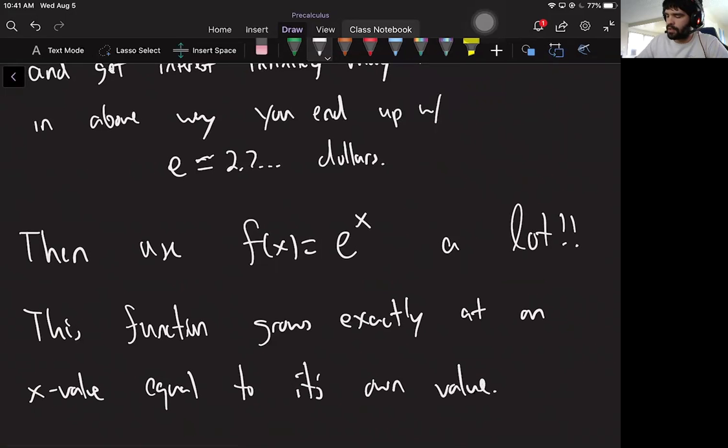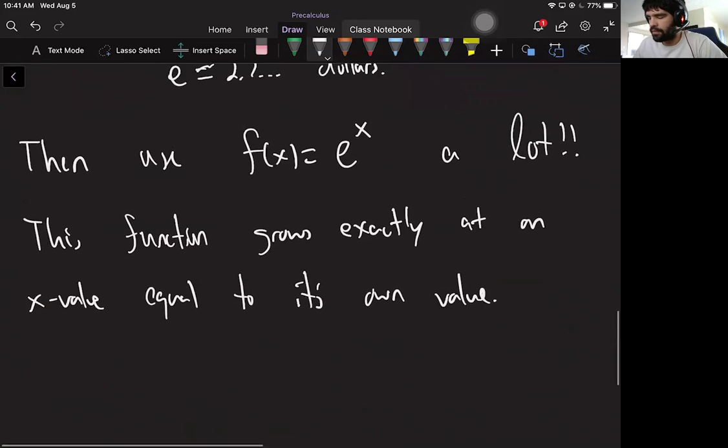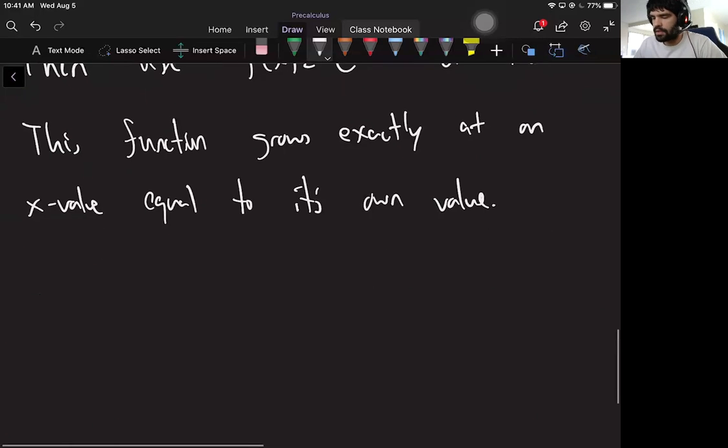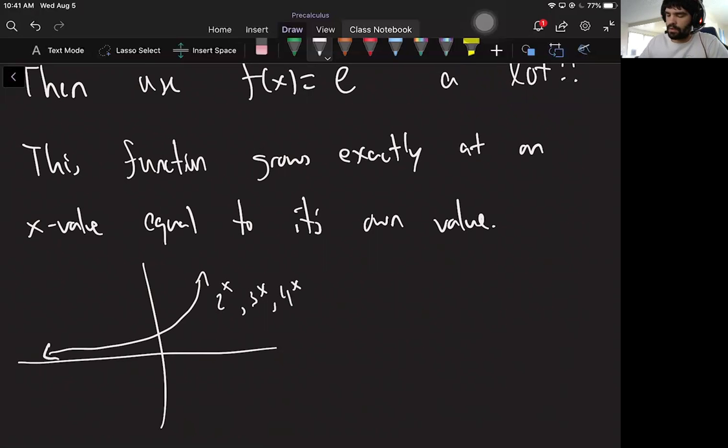So very strange thing. So the idea is that if you want to know how fast it's growing anywhere, it's actually growing at the rate that it actually equals. We've seen how to graph 2 to the x and 3 to the x, and they all sort of look like this. And we've seen that they grow very fast.